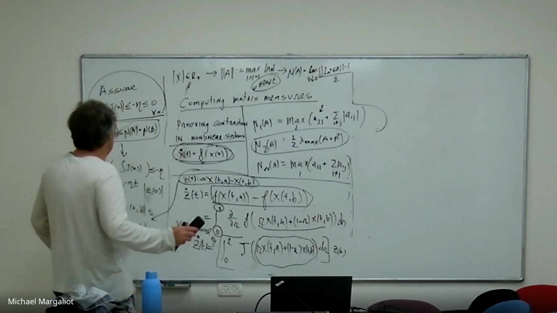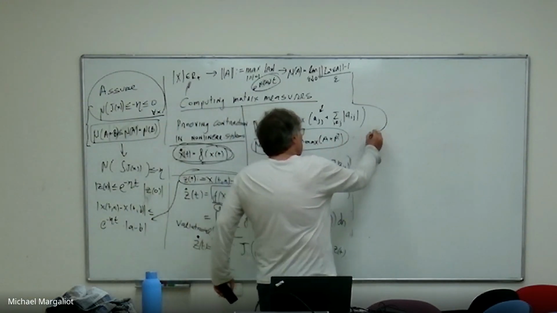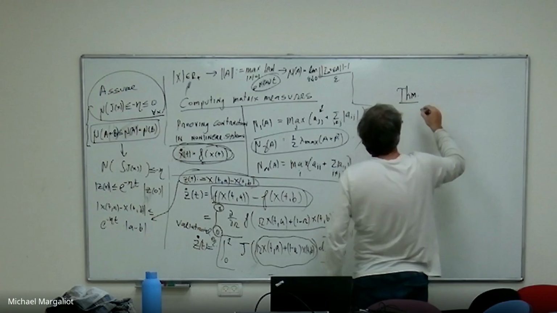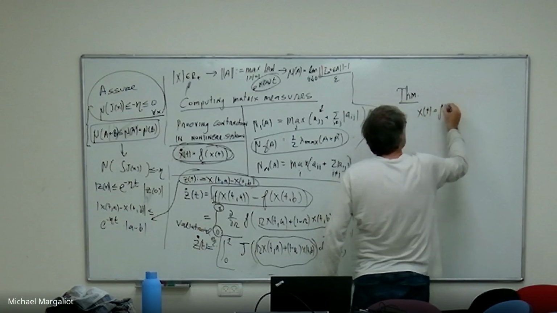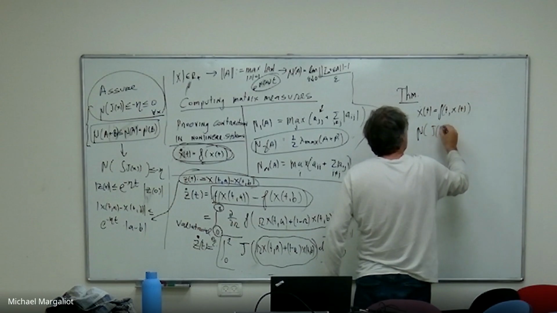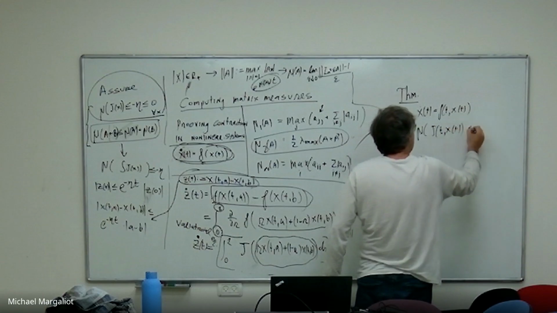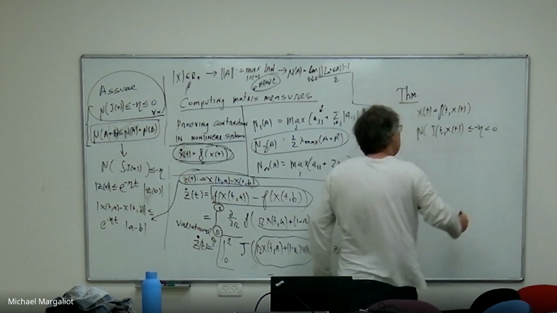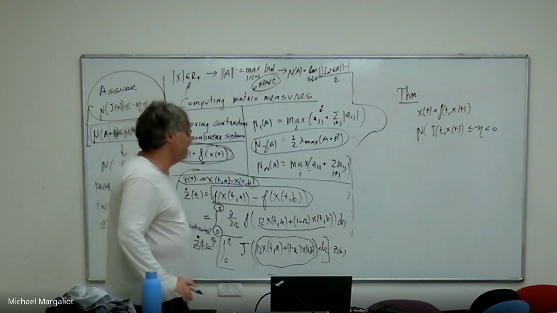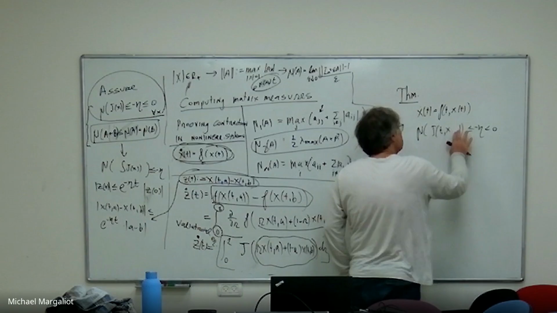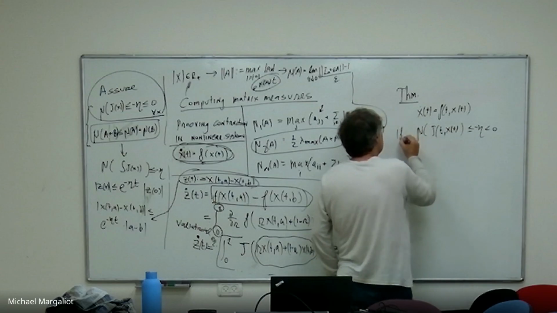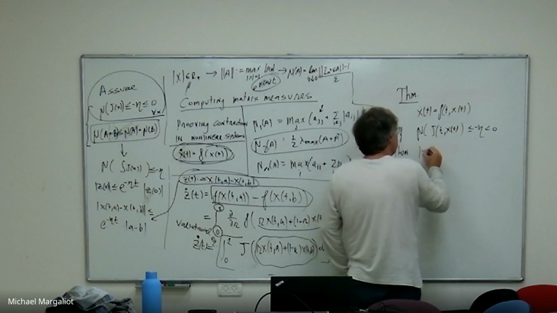So the conclusion of all this scribbling on the board is that if I have this for every time t and for any x in the state space, then we have contraction.